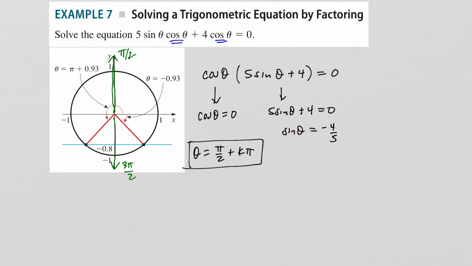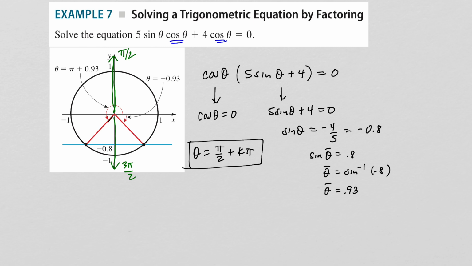And then where is sine equal to negative 4/5? Negative 4/5 is negative 0.8. To get this, you would say sine of the reference angle is 0.8, and then you would find the reference angle by taking the inverse sine of 0.8, and that would give you the value here, which is 0.93.